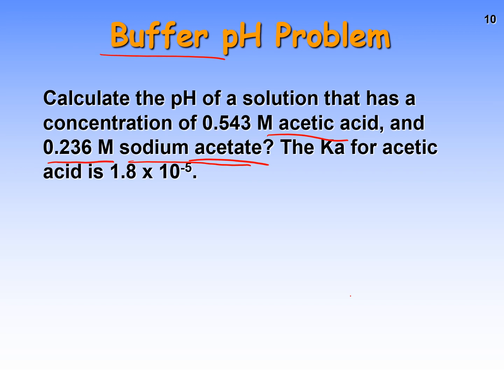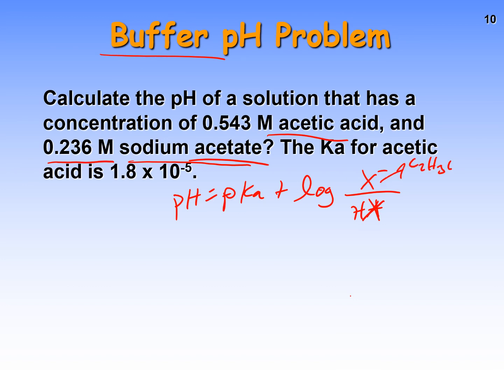So I'm going to use the Henderson-Hasselbalch equation here. pH is equal to pKa plus the log of X minus over HX. In this case, this is C2H3O2 minus, and this is HC2H3O2. Respectively, these are our weak base and weak acid.